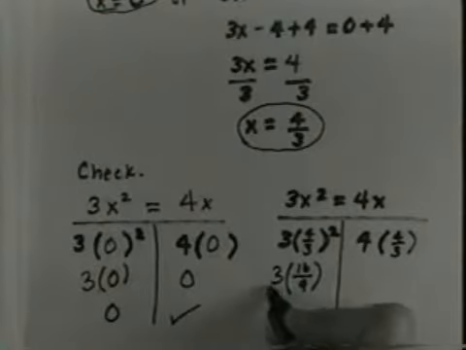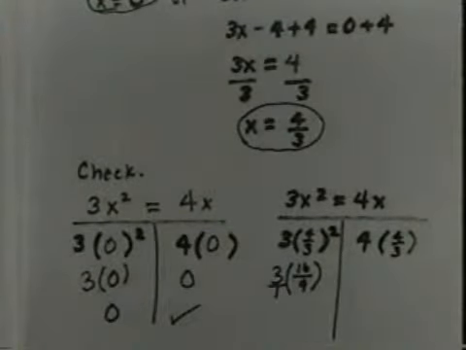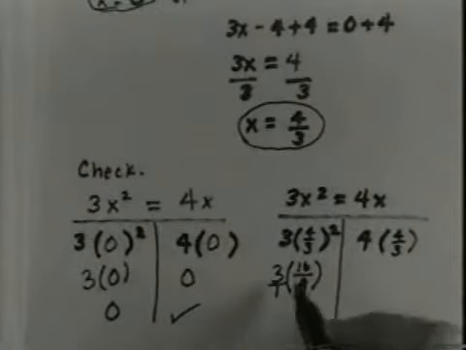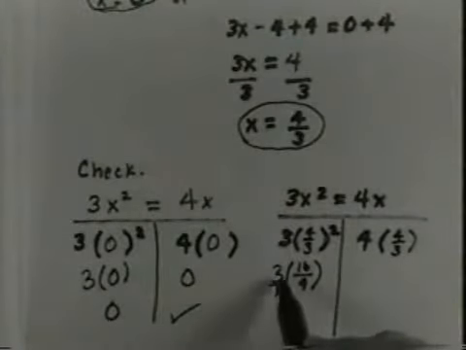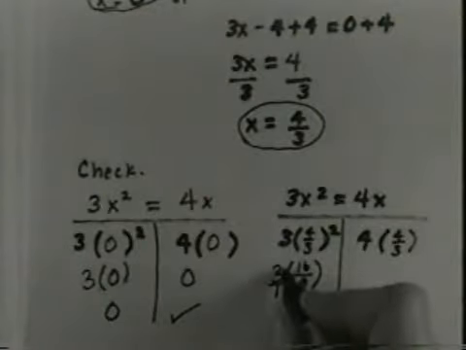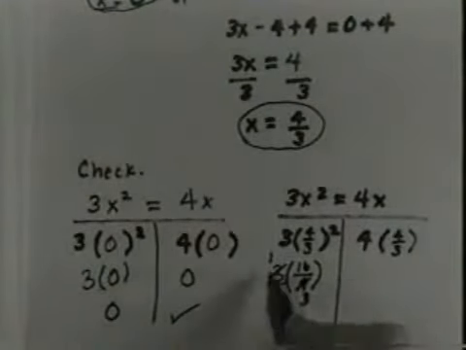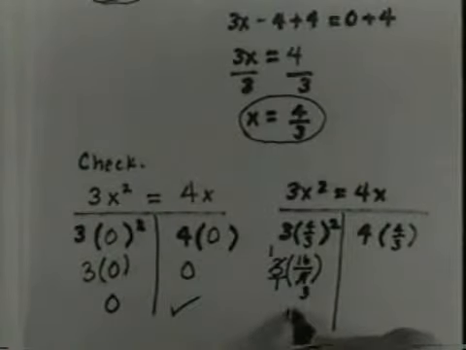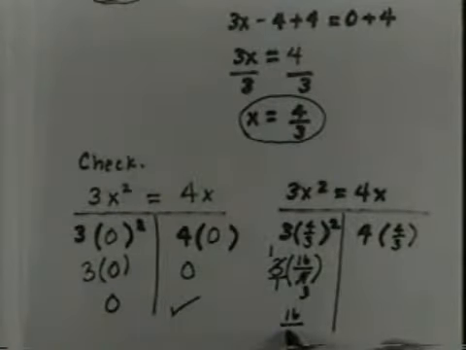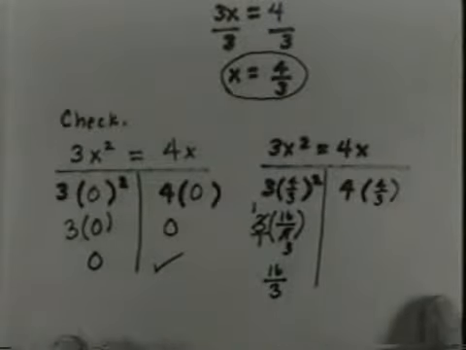The 3 is, of course, 3 over 1. We're multiplying fractions. That means that it's okay to cancel before we multiply. This 3 and 9 just beg to be canceled. 3 into 3 is 1. 3 into 9 is 3. That gives us 1 times 16, which is 16, over 1 times 3, which is 3. So we get 16 over 3.